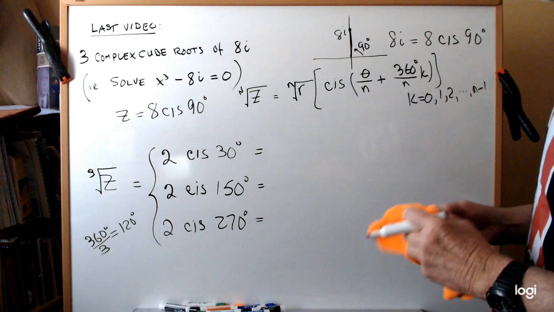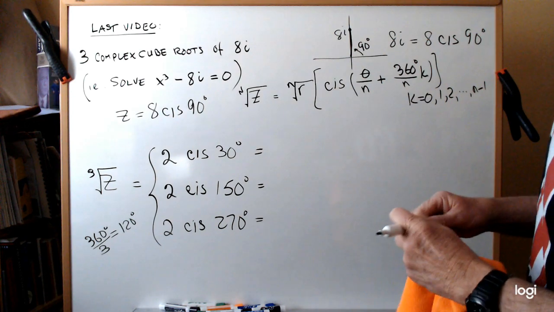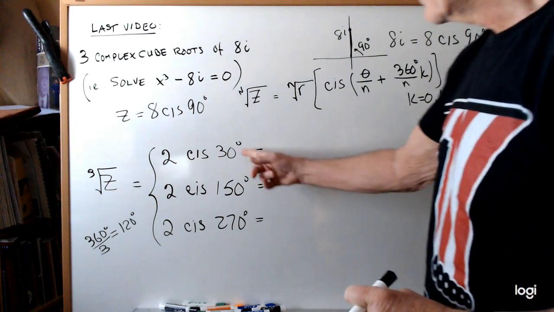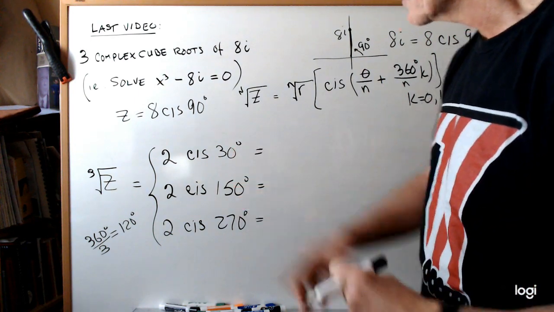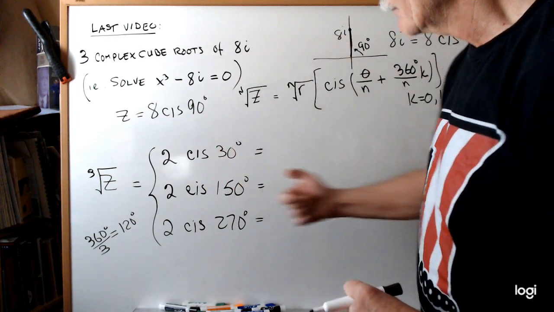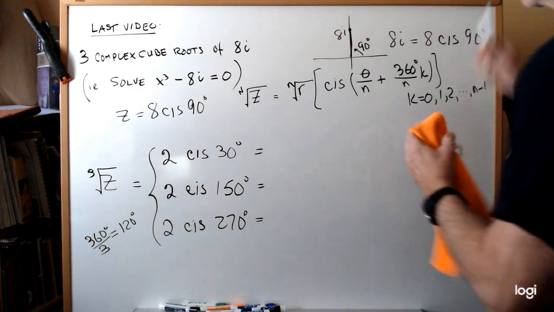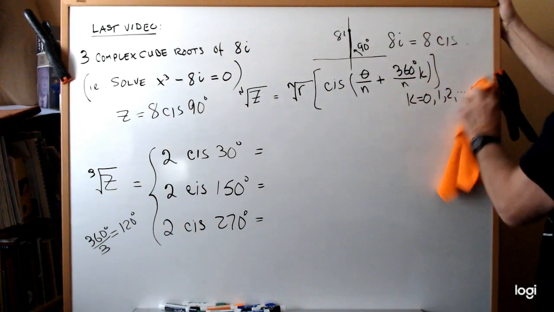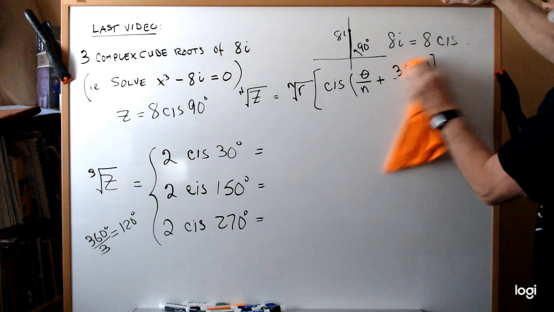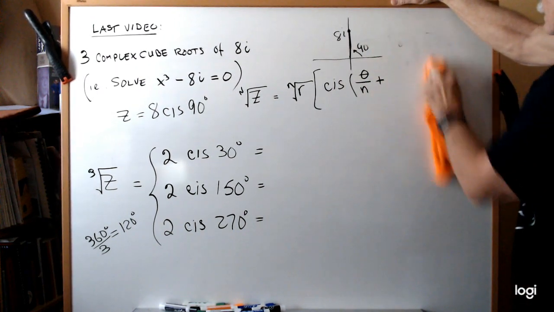Now one helpful thing that you want to see is that these 3 roots are spaced out on a circle in the complex plane with a radius of 2, and they're equally spaced. So let me draw a picture of that to help you understand what is going on.